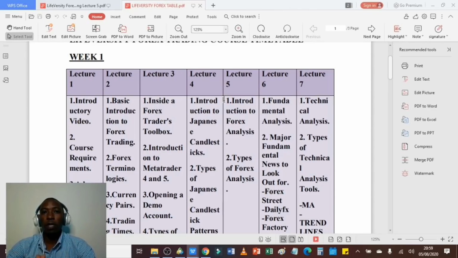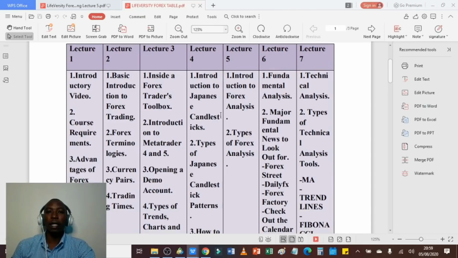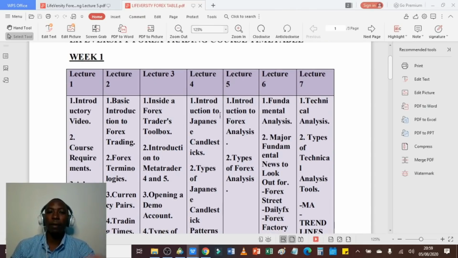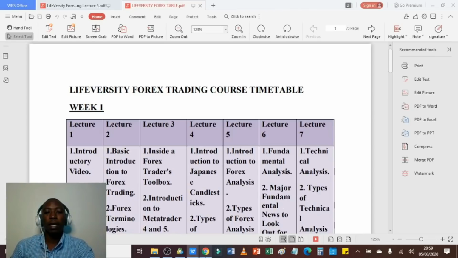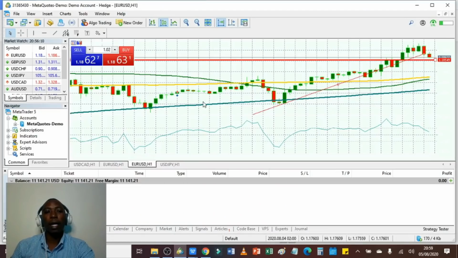I will disclose to you most of these technical trading tools, and again, most of these fundamental analysis websites that you can leverage in order to study and analyze the market accurately. In lecture 6, we shall look at fundamental analysis and the major fundamental news to look out for. And most importantly, I will disclose to you all the websites that I use to analyze the market for my fundamental analysis.